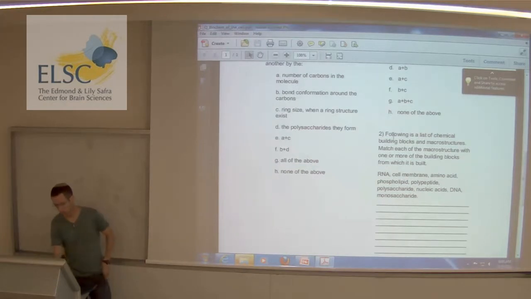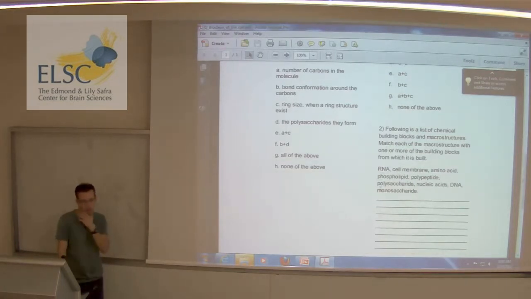What about question 2? Following is a list of chemical building blocks and macrostructures. Match each of the macrostructures with one or more of the building blocks from which it is built. You have a list, and I don't say which is a macrostructure or a building block. First, you need to find which is which, and then match each pair together.